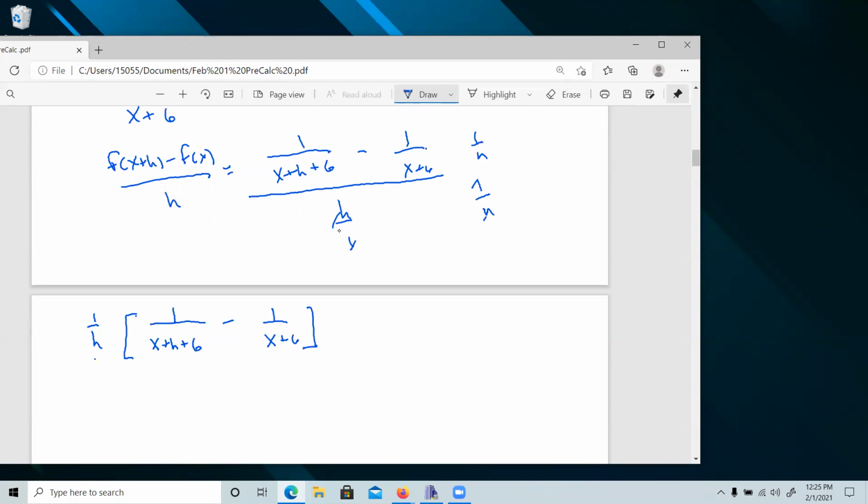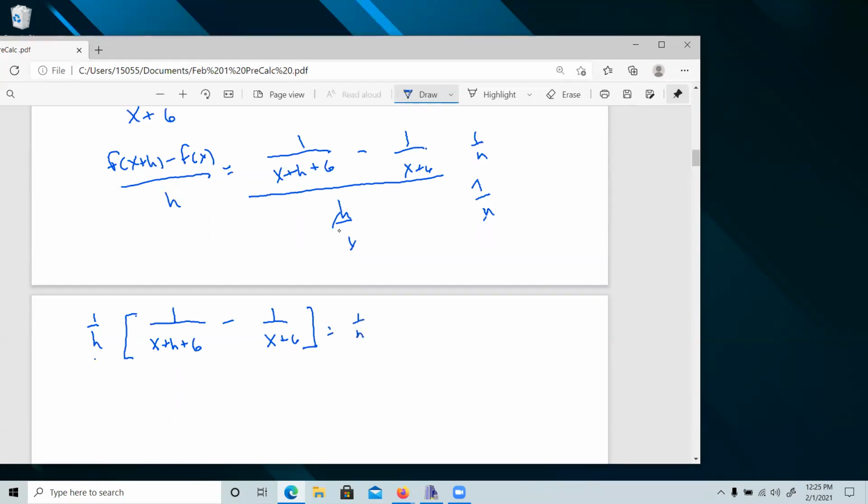All right. What we have to worry about is this stuff in here. We're just going to hold this 1 over h there until the end, but this stuff in the middle is what we have to work with. Very clearly now, you've got two fractions and a subtraction. How do you deal with two fractions? We get common denominators and we add, in this case subtract.